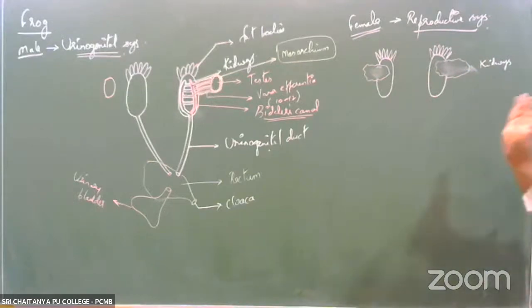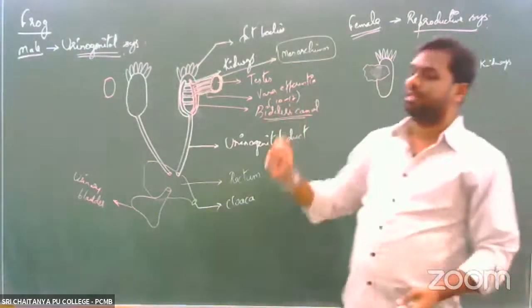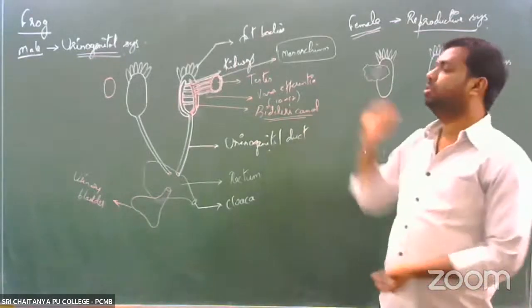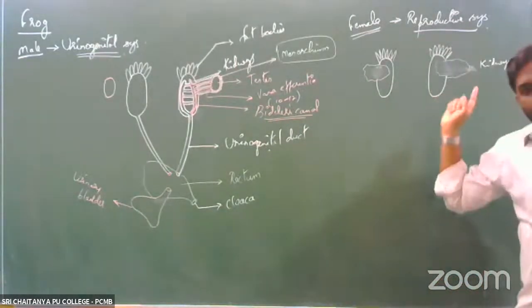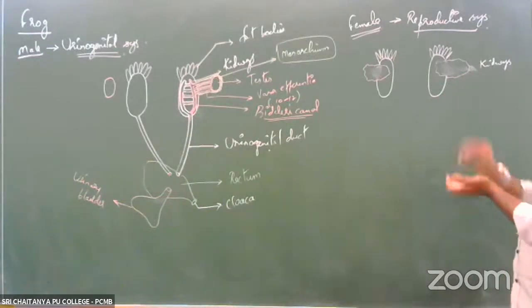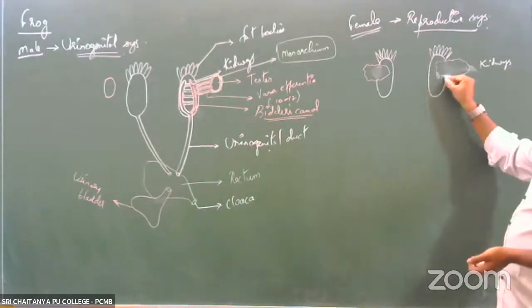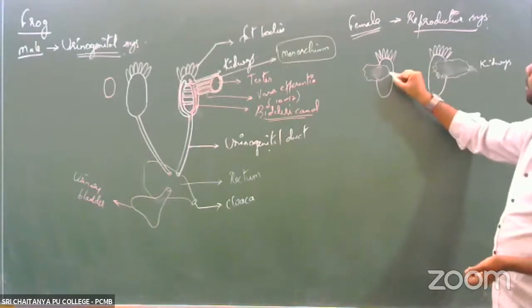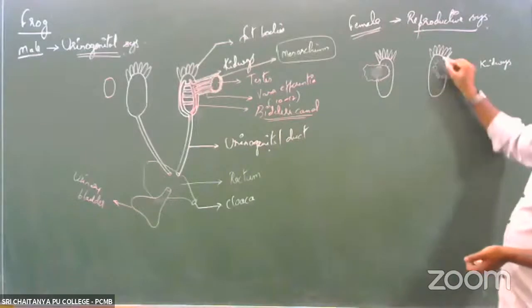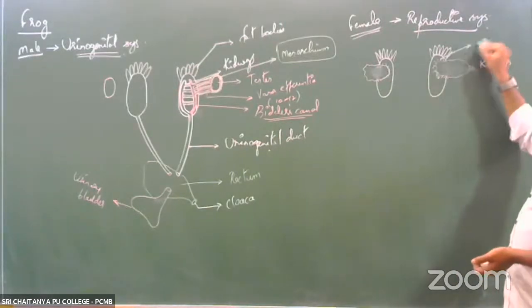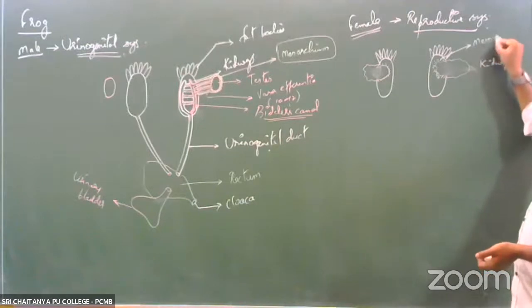Again, just like how the testis and the kidneys are attached with each other with the help of a double membrane peritoneum called mesorchium, here also the ovaries and kidneys are again attached with the help of a double membrane peritoneum. So I'm just showing it this way. This double membrane peritoneum we would actually start calling as the mesovarium.